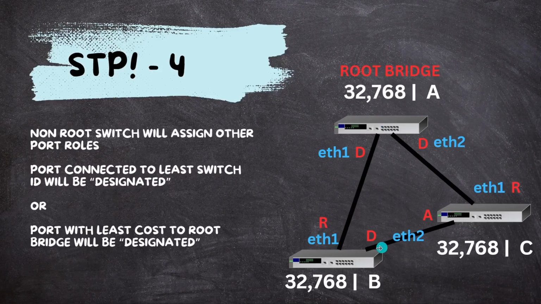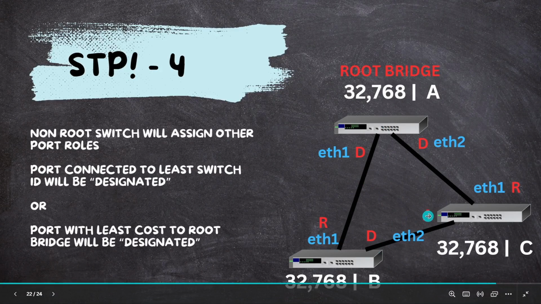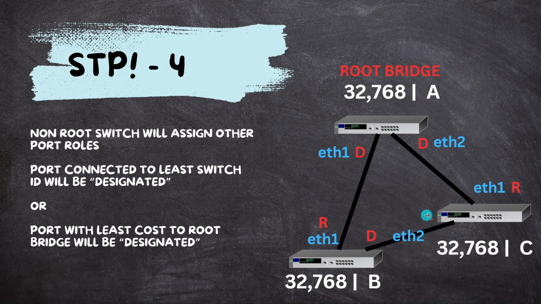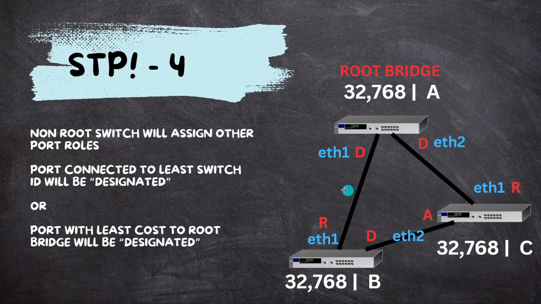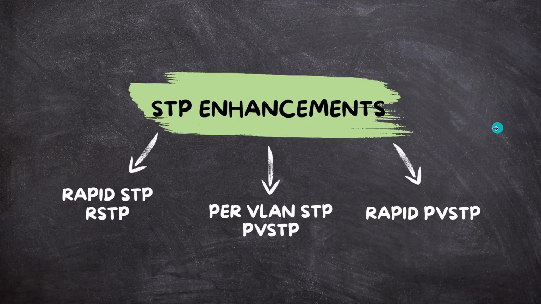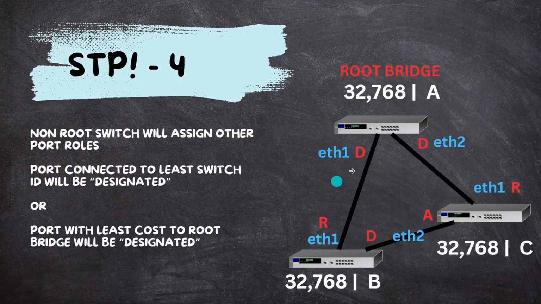Then STP will change the port role of this alternate port to root port, because the root port of this switch has turned down or turned off, or something else has happened. In that case, when STP sends the topology change notification, it will take 50 seconds to detect that this port has failed, and then it will recalculate all that.